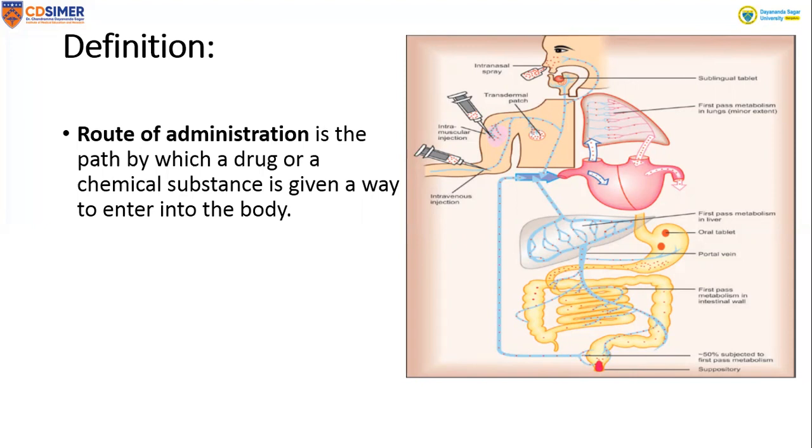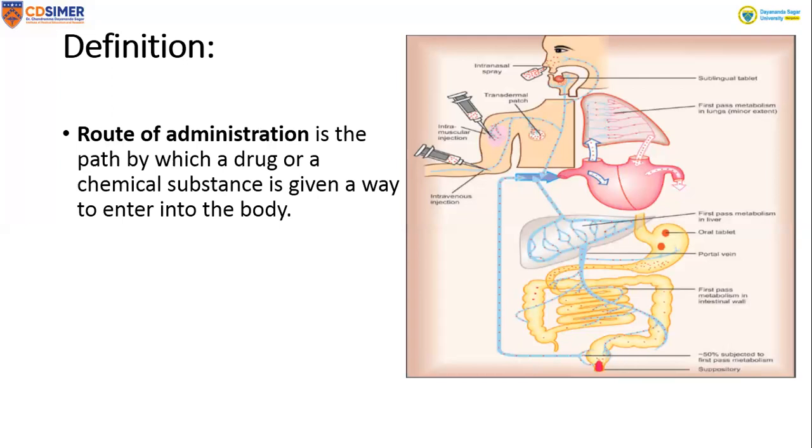Okay, so whatever the routes in the picture, you can see that so many routes are highlighted right from top to bottom. Okay, so intranasal route, then sublingual route, transdermal route, then you can see intramuscular injection, subcutaneous injection, intravenous injections. Then you can give oral drug administration.